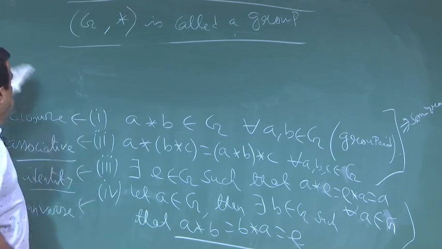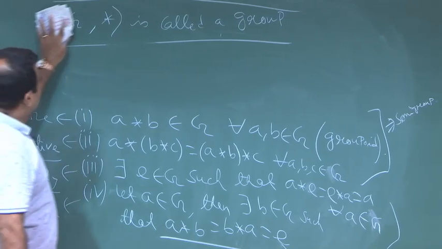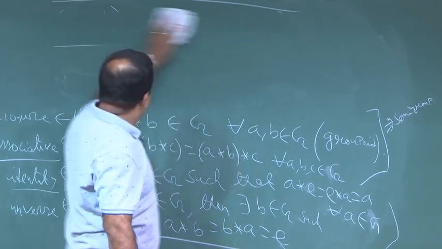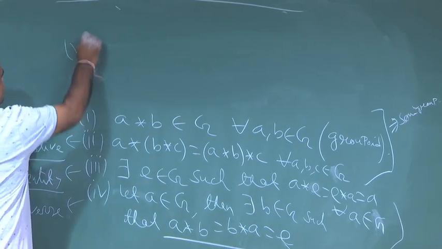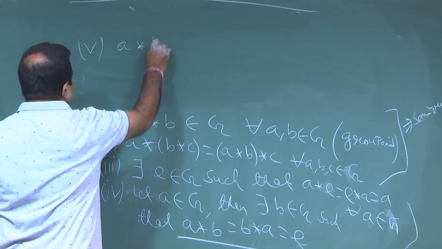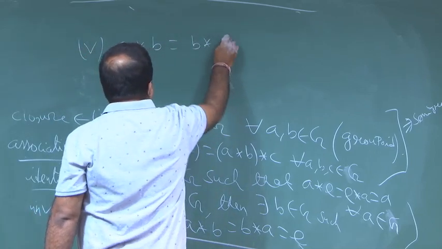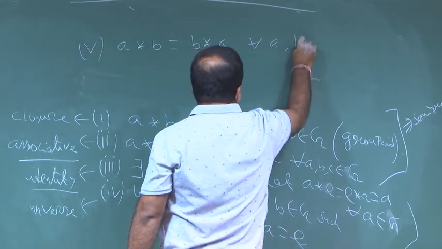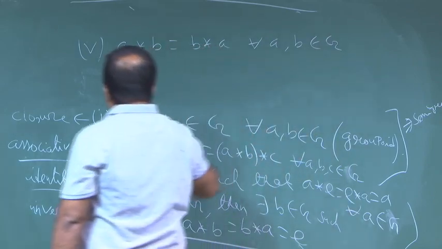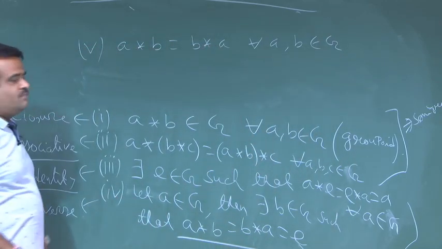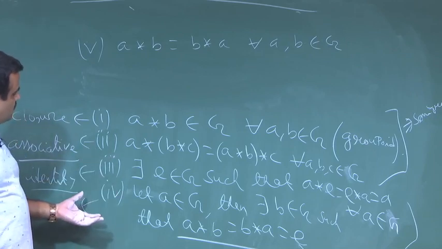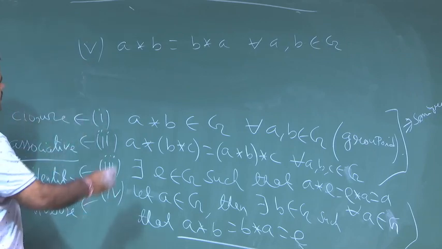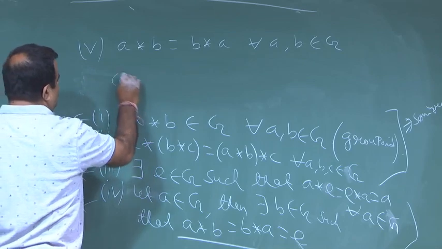Now, when do we call a group an abelian group? If along with this we have another, 5th property, which is the commutative property. If the star is commutative, then along with these 4 properties, this will be called a commutative group or abelian group.